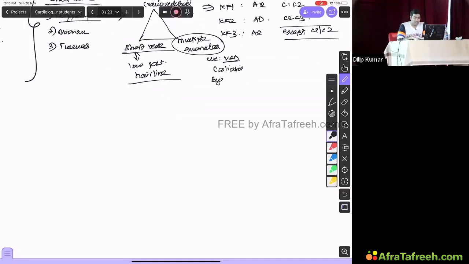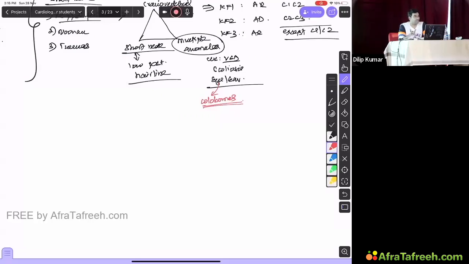And they can have eye and ear problems in the form of deafness and blindness. Typically, the eye problem will be colobomas. You know colobomas, isn't it? One part of the iris may not be there at all. It will not be developed at all. So there, it looks as if there is a hole in the iris. So that is colobomas.